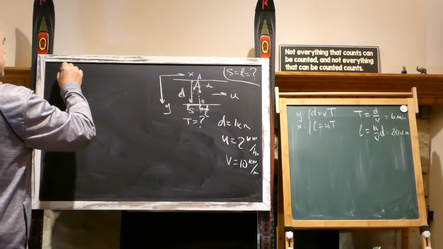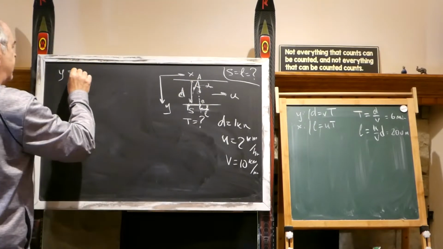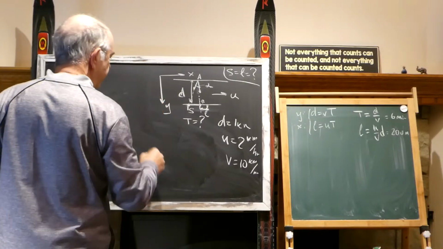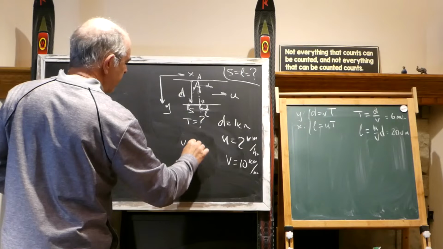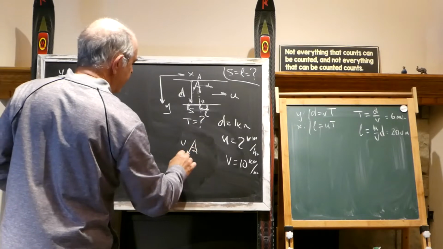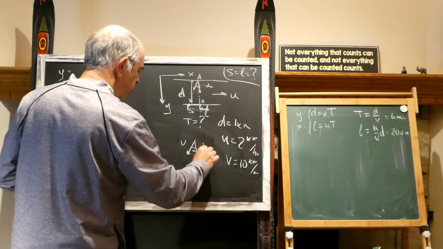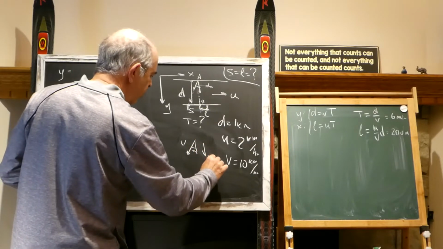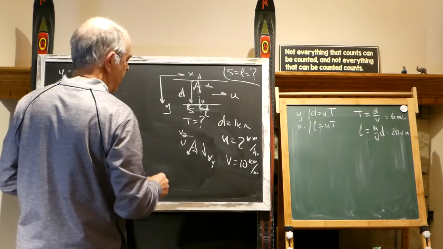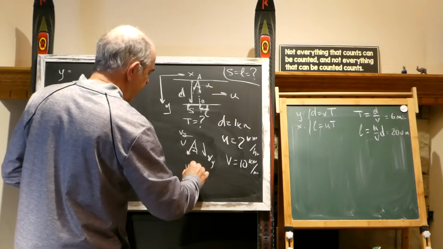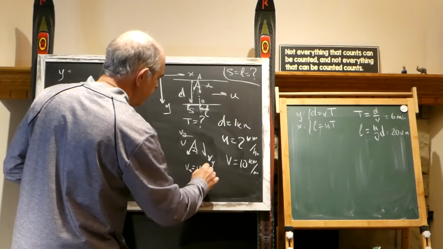Before even going on, if this is the speed v and this is the angle alpha, then this vector v has two projections: one projection is vy and another projection is vx.